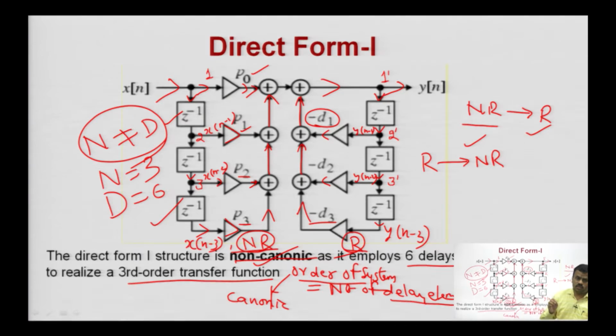And always your direct form 1 realization, direct form 1 structure for IIR filter, is a non-canonic structure. Why? Because in this case your number of delay elements is not equal to the order of the digital filter system, and that is always given in the form of the difference equation.